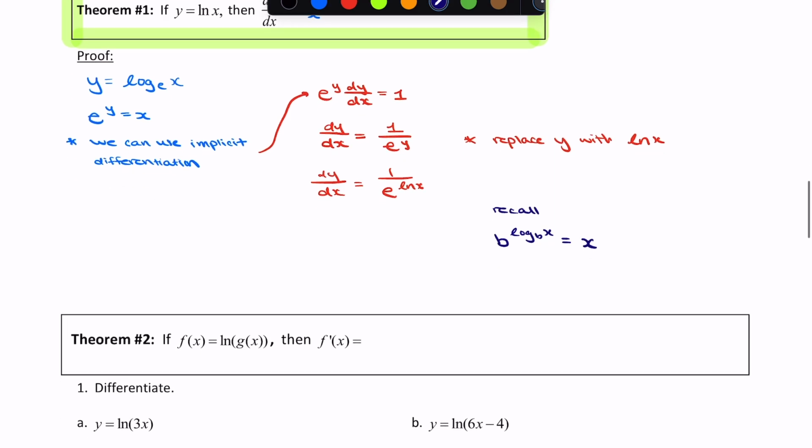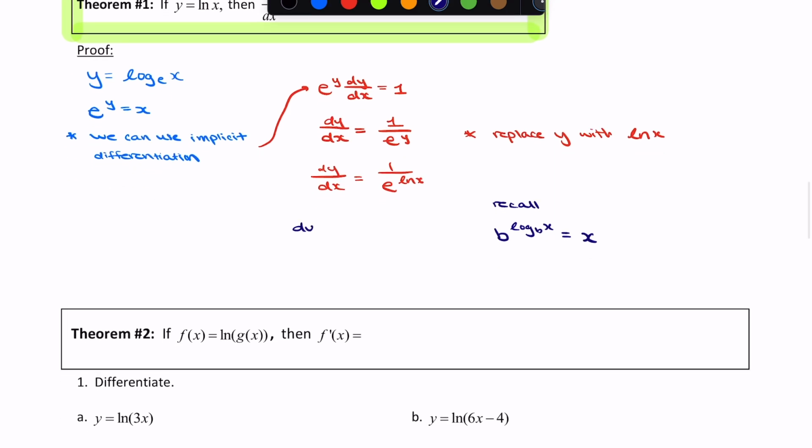So here we will see again that dy over dx is equal to 1 over x. That's just something to keep in mind as we go through these questions.